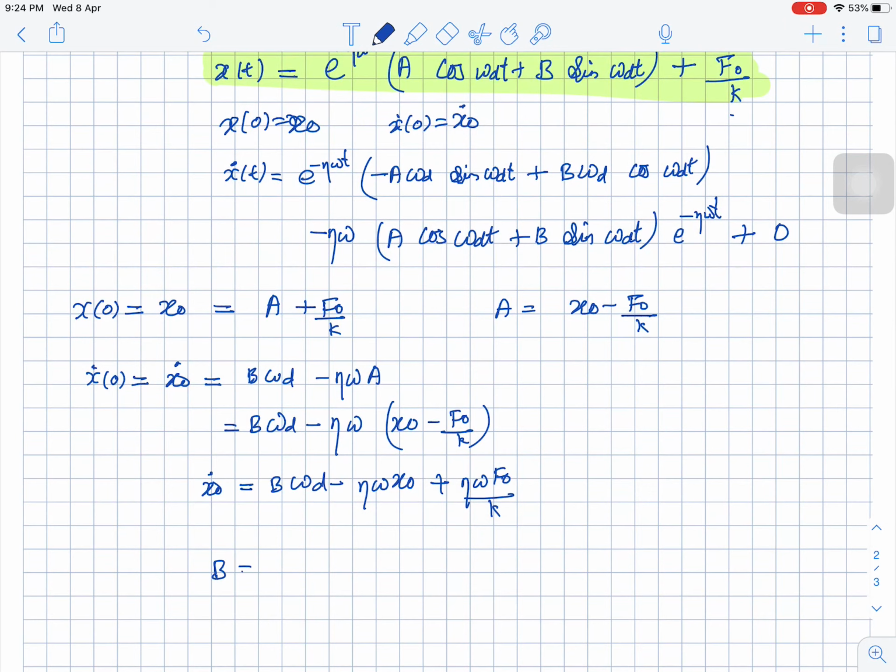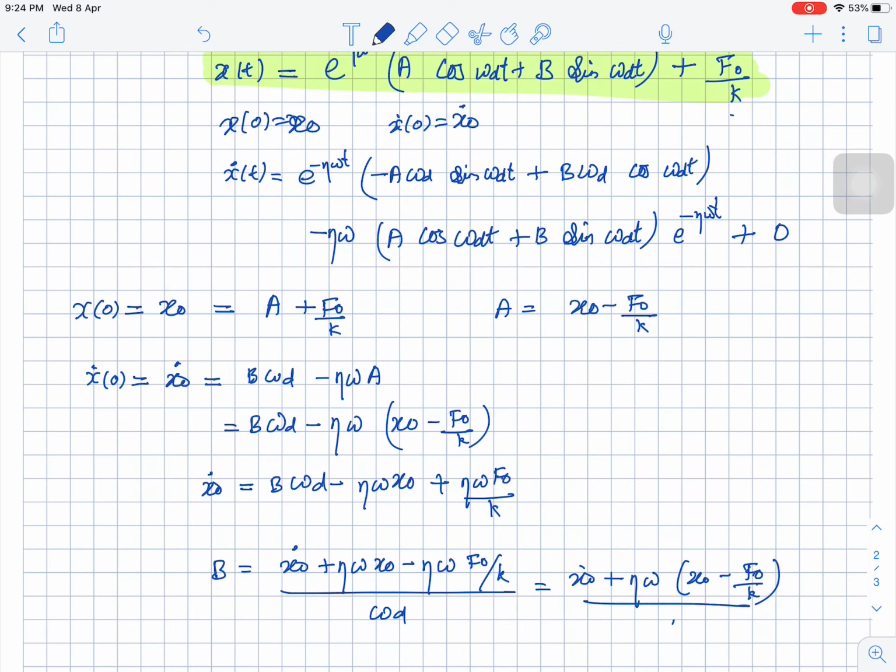Therefore b equals x dot naught plus zeta omega x naught minus zeta omega f naught by k, divided by omega d. We are not supposed to expand this, so I will write this in compact form.